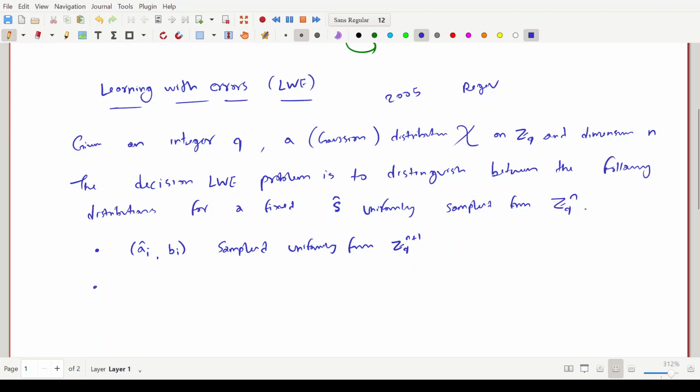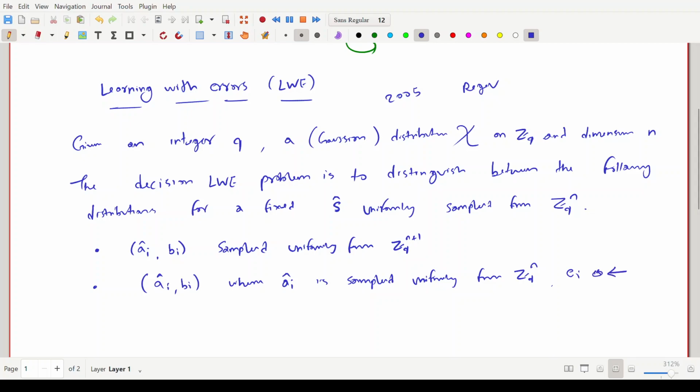And second, again I am having ai, bi, but in this case ai is sampled uniformly from Zq^n, and ei is sampled from the distribution.